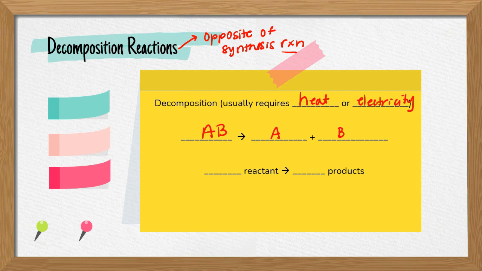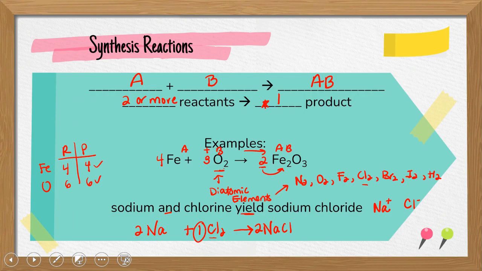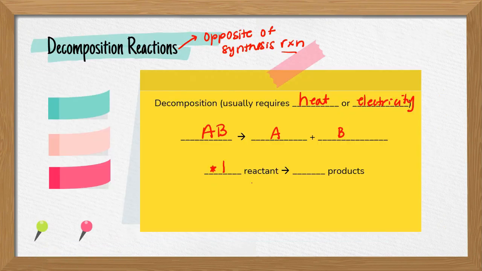In this case, we will start with one reactant. Remember over here in the synthesis, we made one product. So we're going to do the opposite. We are going to start with one reactant, and then we are going to make 2 or more products.